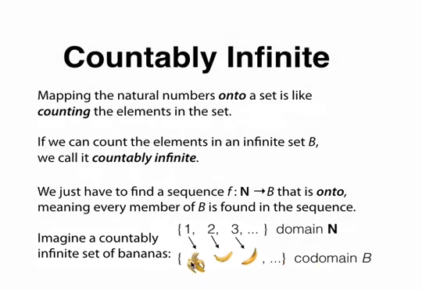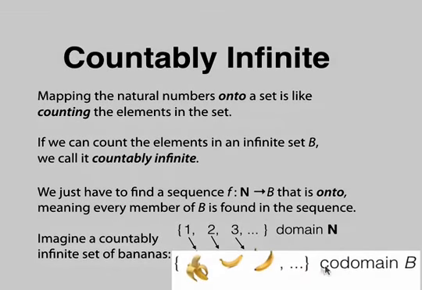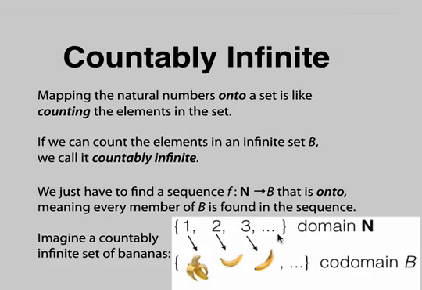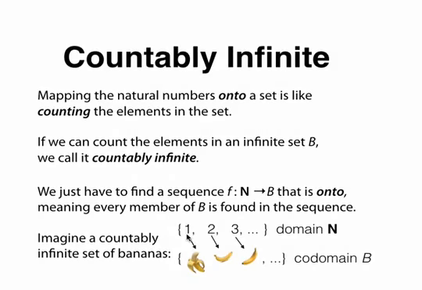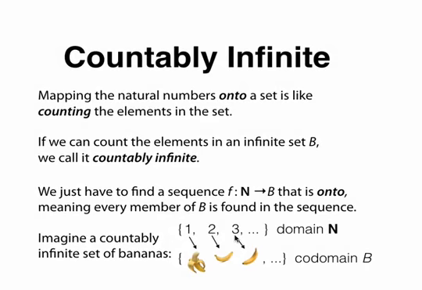If I can count all the bananas in this way so that every banana has at least one natural number that was used to give it an order or a place, that's the millionth banana, that's the billionth banana, then each banana at the end has been covered, just like the rooms were full in Hilbert's hotel. Then we say the function is onto, because every banana has at least one input that produces it.